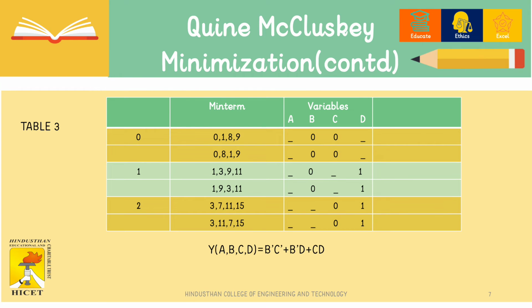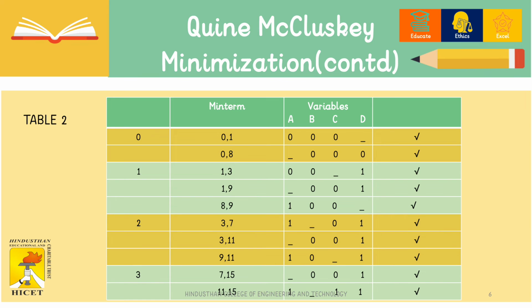So I have compared 0, 1 and 8, 9, and I have written dash 0, 0, dash. Because we can see that when we compare 0, 1 and 8, 9, the first digit has a change and the last digit already has a dash in common, and B and C also are taking the same values.